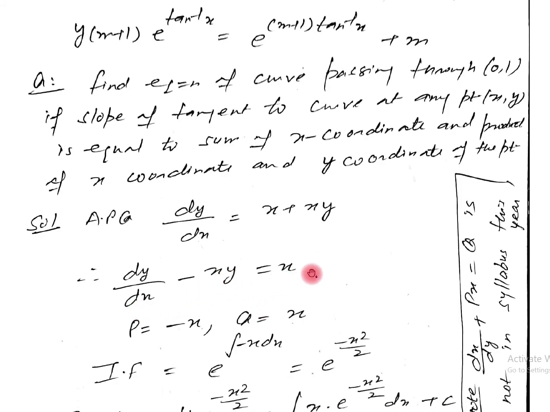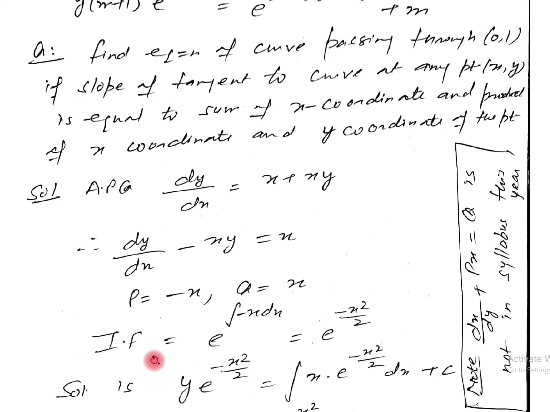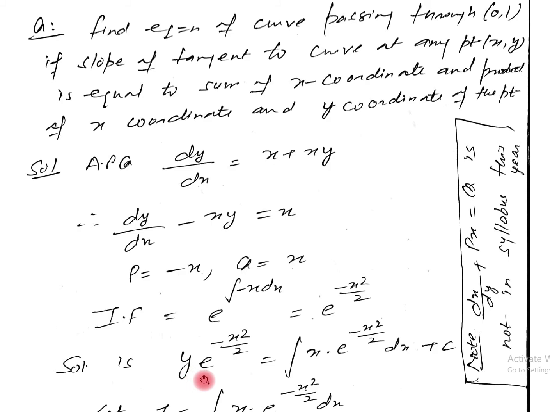Now it is a linear differential equation. Comparing, p equals minus x and q equals x. Therefore the integrating factor is e raised to power integral of p dx, equal to e raised to power minus x square by 2. So the solution is y into e raised to power minus x square by 2 equal to integral of q into integrating factor plus c.